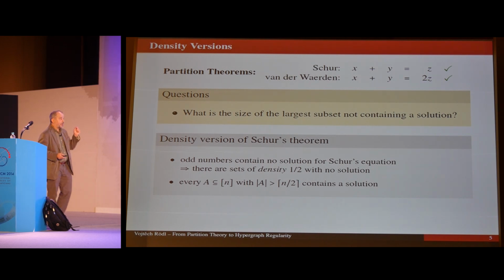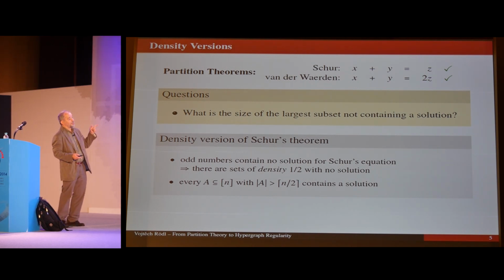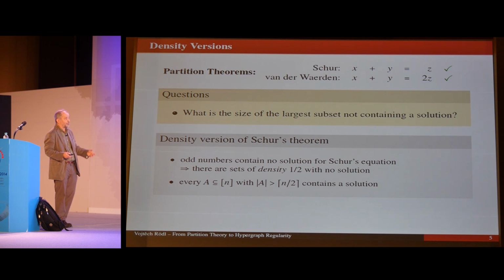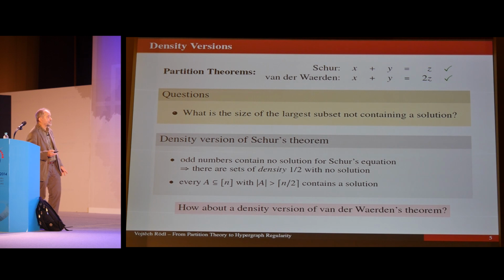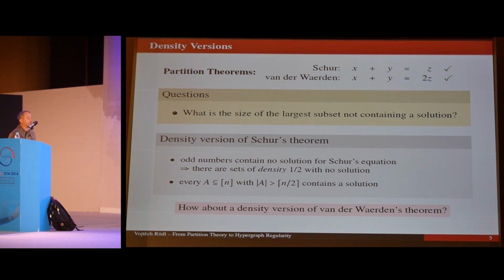But on the other hand, if we add just one more integer, that is, if we have a subset of cardinality strictly bigger than the integer part of n over 2, it will contain a solution. So the answer is very simple. That's an exercise. And so the natural question arises: how is it with van der Waerden's theorem?